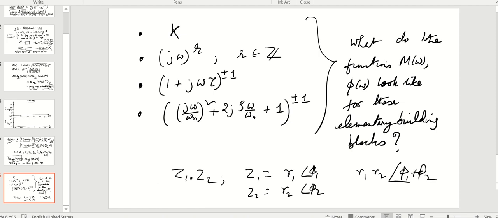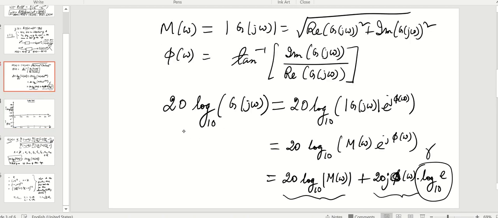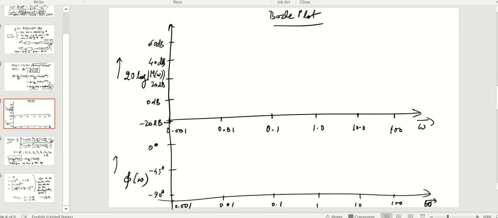So the beautiful thing here is, not only when you take the logarithm of this function does it split up beautifully into the real part which corresponds to the magnitude function and the imaginary part which corresponds to the phase function, but also when you're plotting for each of those individual blocks, you need to carry out the same operation. That is to say, if you have plotted the magnitude plots for certain individual building blocks, you just need to add them to get the composite magnitude function for the overall transfer function.